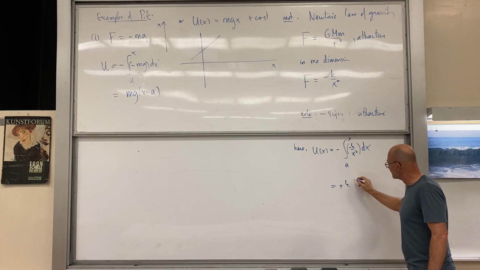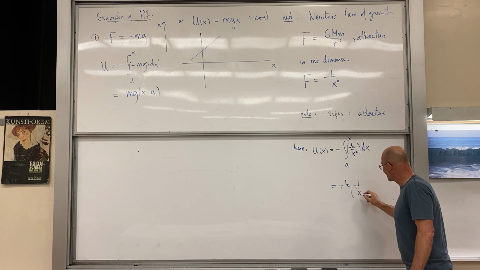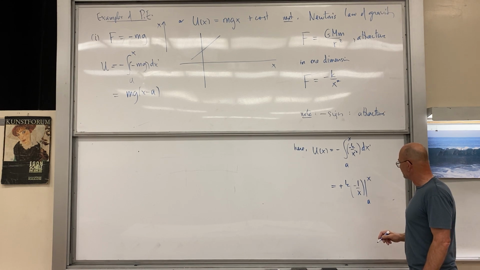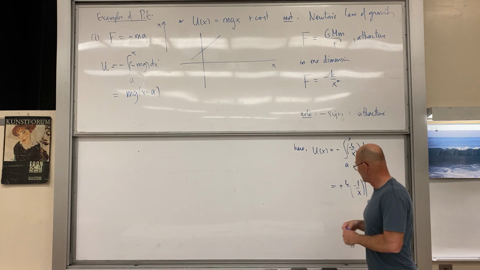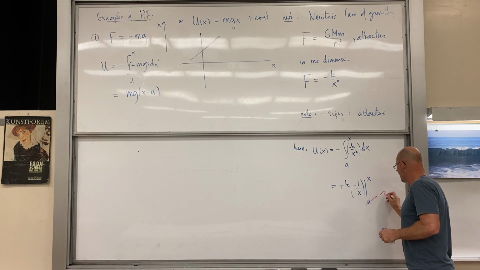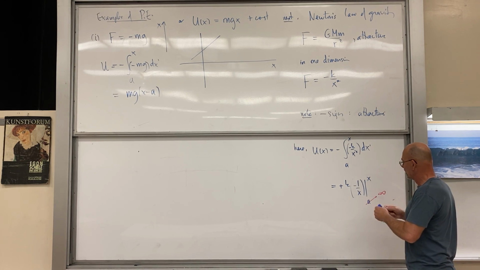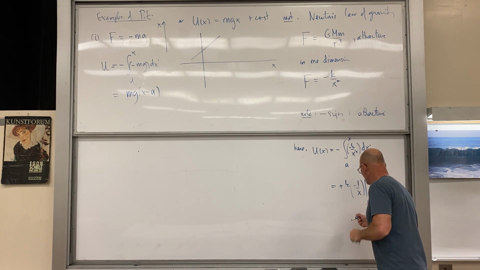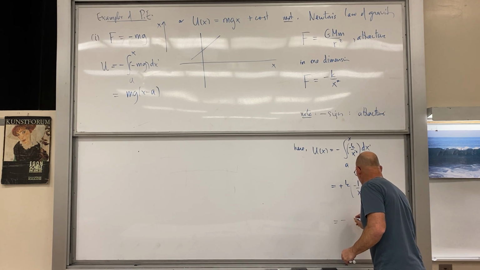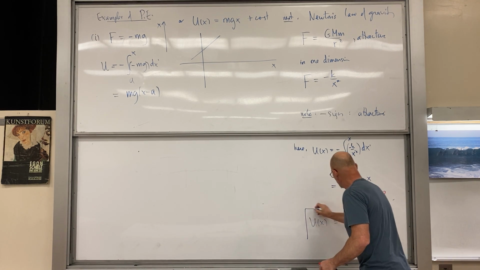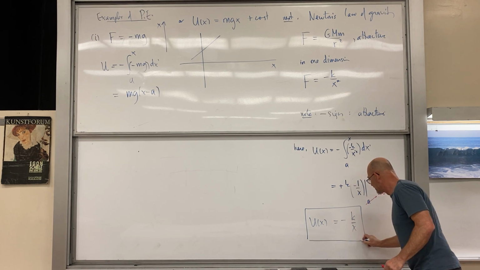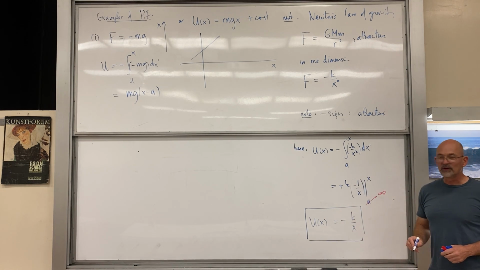The antiderivative is negative 1 over x, evaluated from a to x. And the convention here is to send this out to infinity, and we end up with minus k over x. So there's our potential energy for Newtonian gravity.